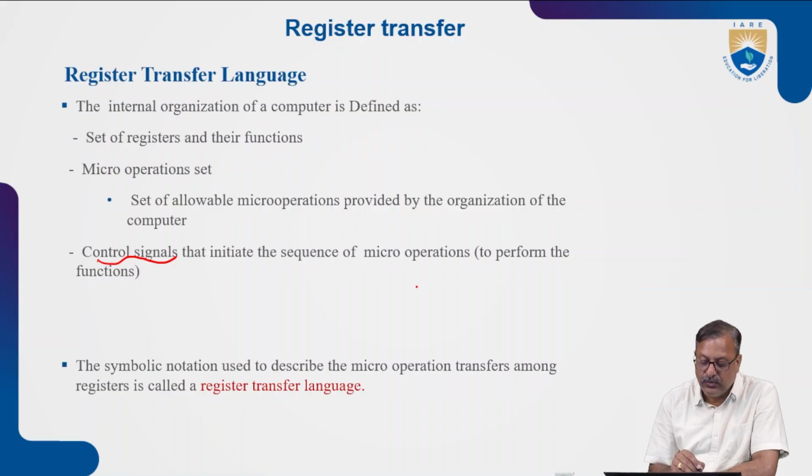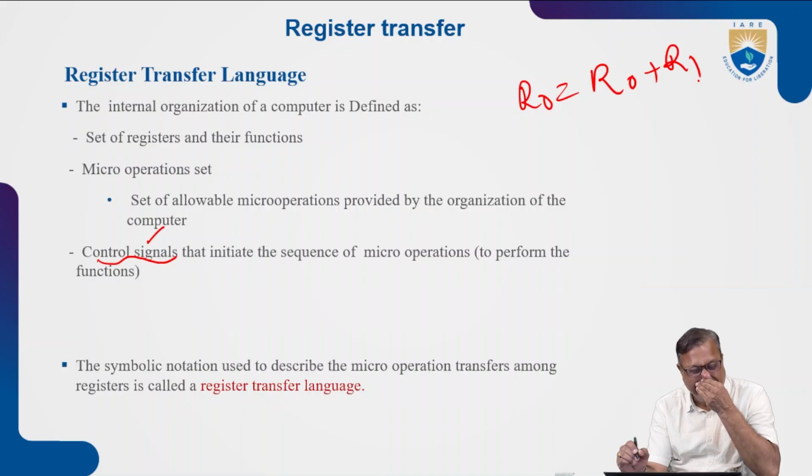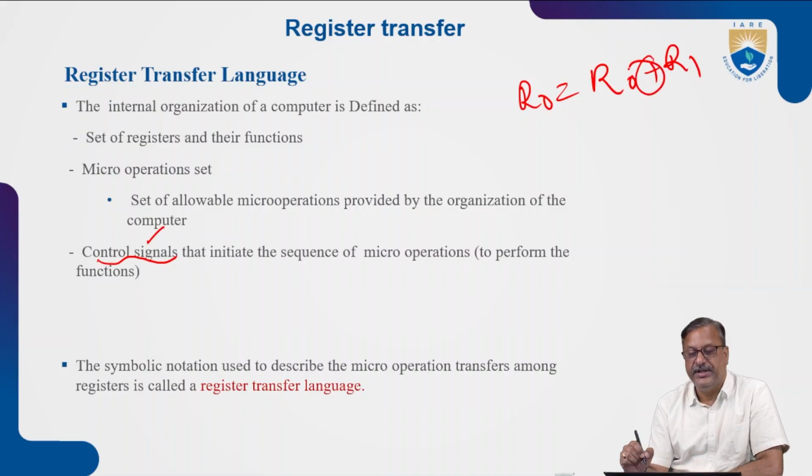To perform that particular function, that signal will be enabled by the control operation. See, a few seconds before we discussed R0 = R0 + R1. What is the operator we are using here? The addition operator.